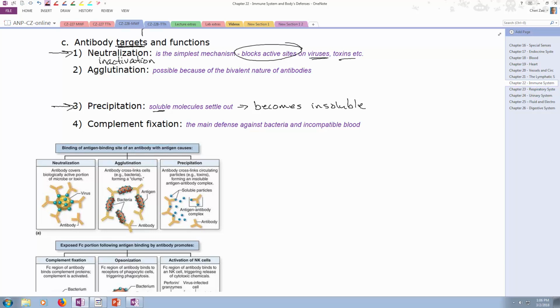Agglutination, this is indeed also possible because of the bivalent nature of the antibodies.